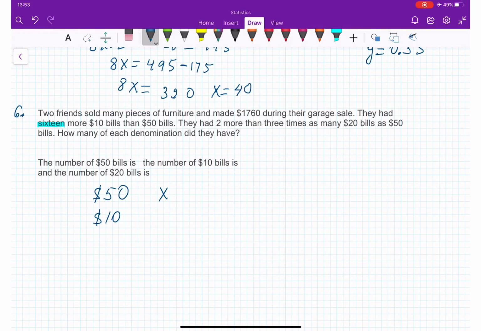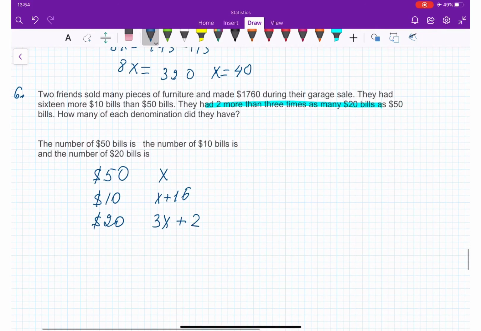So if the $50 bill count is X, then $10 is going to be X plus 16. Next, the $20 bill. They had two more than 3 times as many $20 bills as $50 bills. So we take first 3 times, 3x, because it's more than the $50 bills. The $50 count is X. So 2 more than 3 times is 3x plus 2.